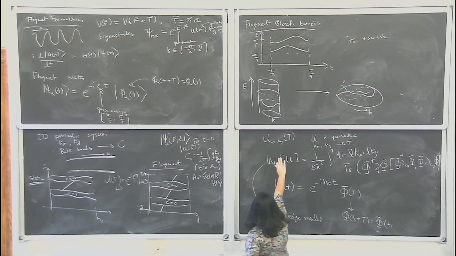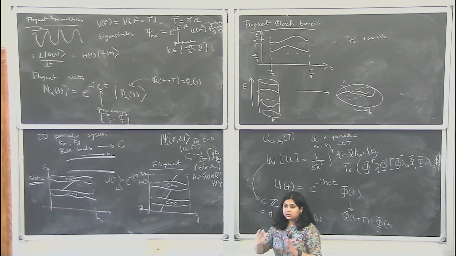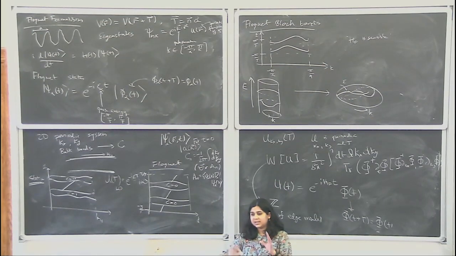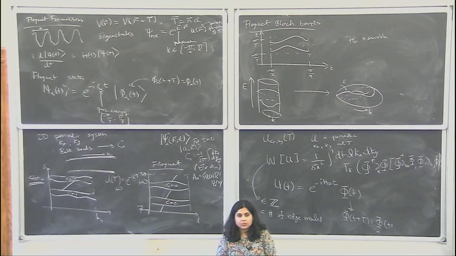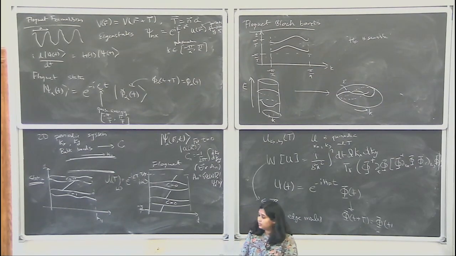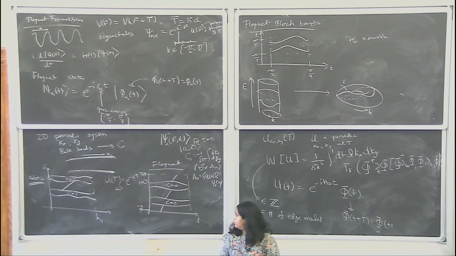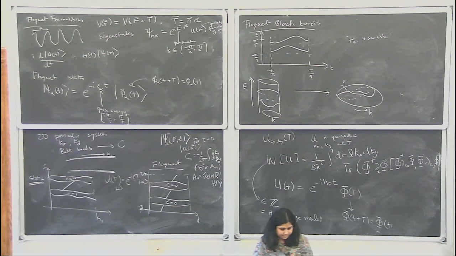But at least when I wrote it like this, as an operator, the Floquet Hamiltonian has exactly the same Hilbert space as the unitary operator, because it's literally just the log of that operator. Okay? All right. I have an example that will be instructive, but maybe it's worth coming back to that after the break, because otherwise it'll take me a few minutes to set that up.